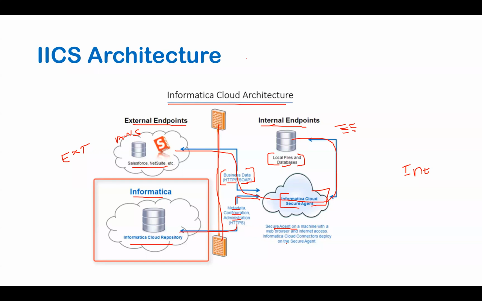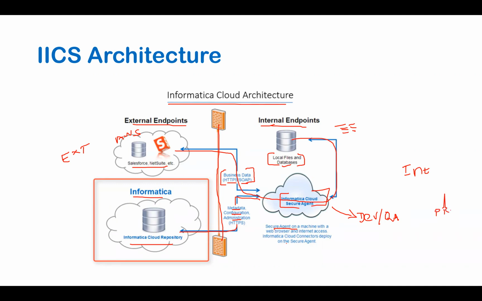Okay. So I hope you are clear. So how will this architecture be in real time? In a real-time project, this will be installed on the on-premises server that you have to take. Mostly, if you take dev and QA, the secured agent will be on the same server, and prod will be on a different server.